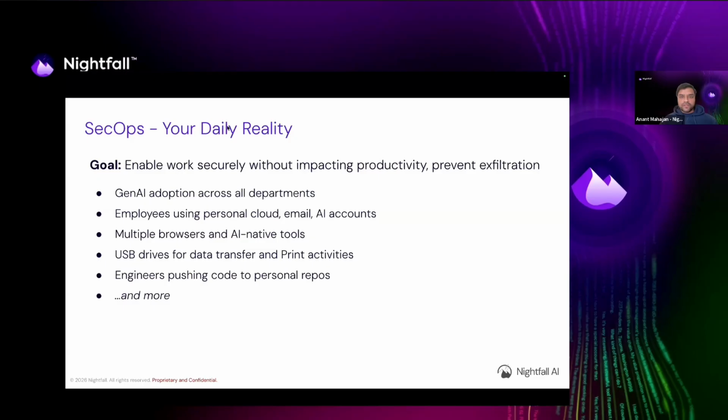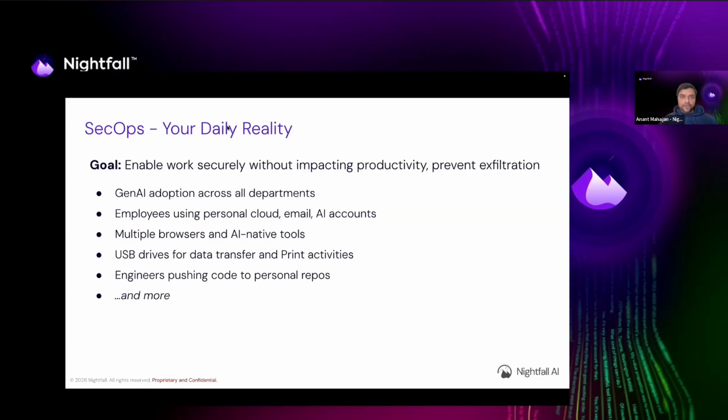Some of the challenges you come up on a daily basis relate to the rapid adoption of Gen AI assistants across all your functions. There are employees who may be using personal instances of Google Drive, OneDrive, Dropbox, or even apps like ChatGPT and Copilot. So how do you get ahead of that and prevent risky behavior?